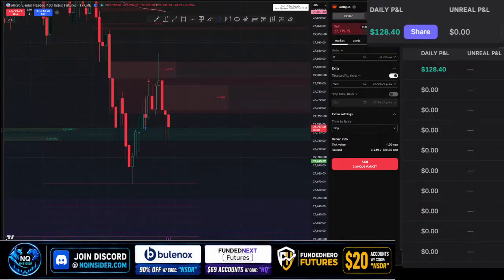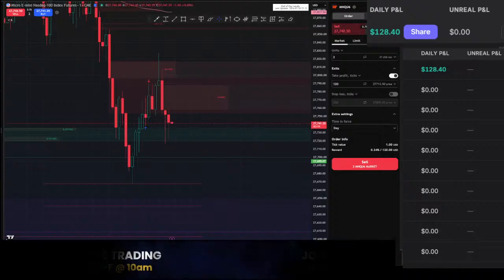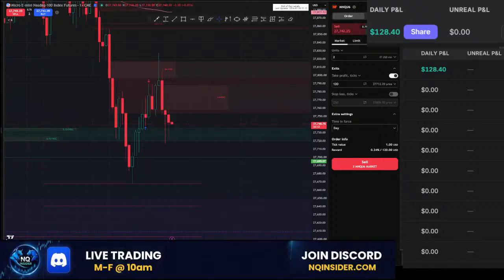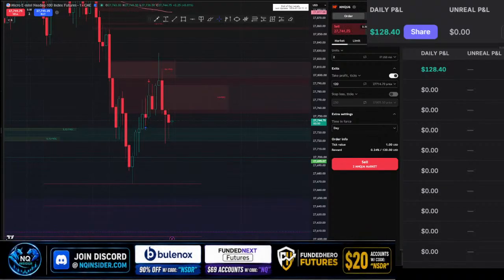It's an Apex 50K, so it's like $780 left on it because I got caught in a move and it was aggressive down. So obviously you have the $1,000 daily loss limit, but it went over that just because of how aggressive the move was.